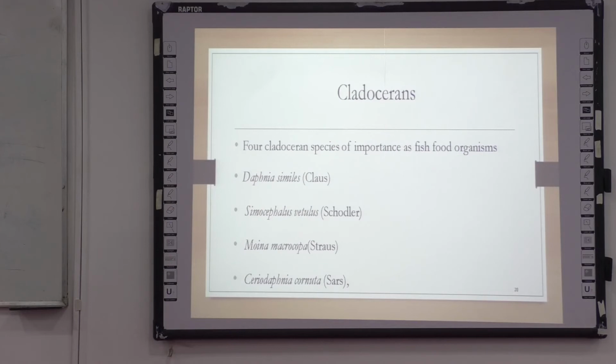Four Cladoceran genera are important as fish food organisms: Daphnia, Simocephalus, Moina, and Ceriodaphnia, and these are very common genera. Many species belonging to these genera are important live feeds.